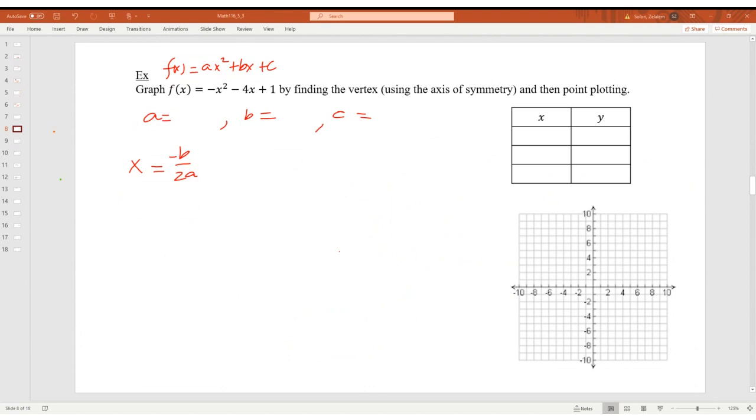If you don't see any number in front of the variable, it means there is a 1. So if you have x, technically it is 1x. Okay. So with that, find a, b, and c first.